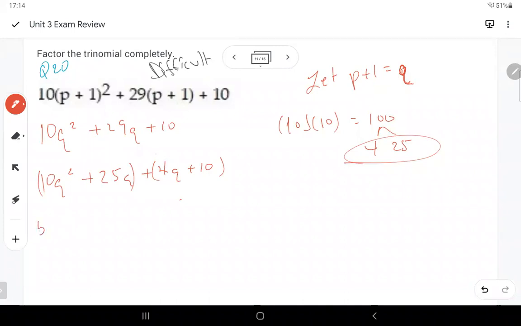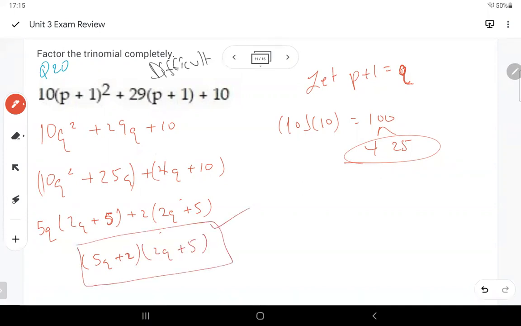We're going to pull out a 5q, and we're going to get 2q plus 5. And then we're going to pull out a 2, and we're going to get 2q plus 5 again. So we're going to get 5q plus 2 and 2q plus 5.